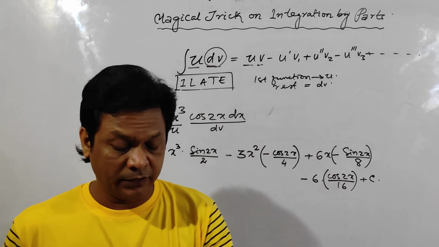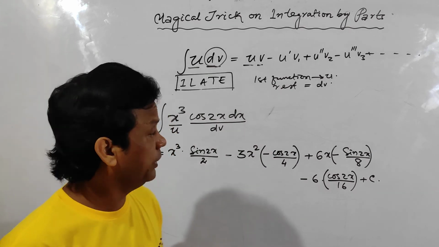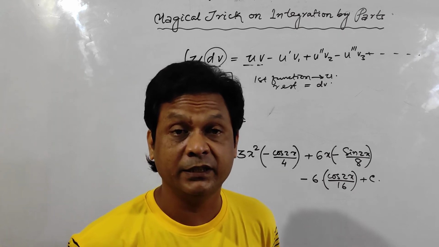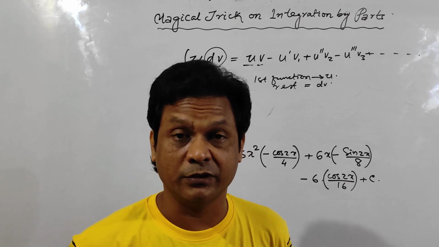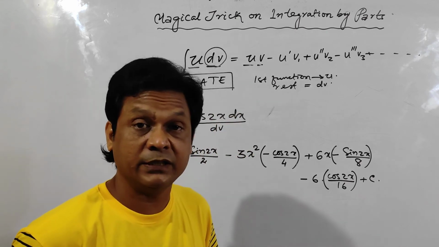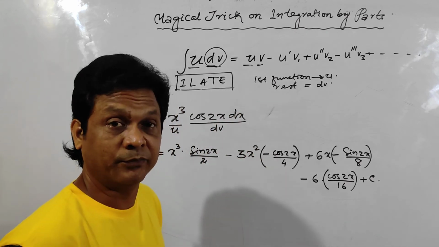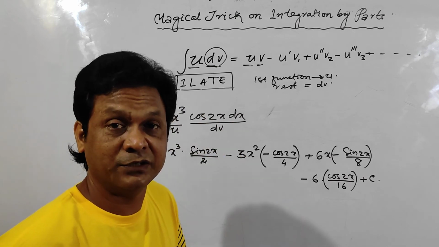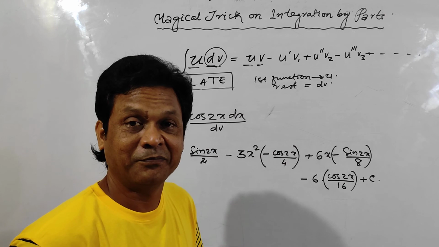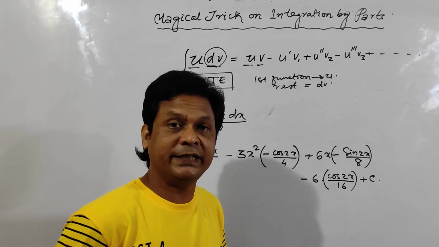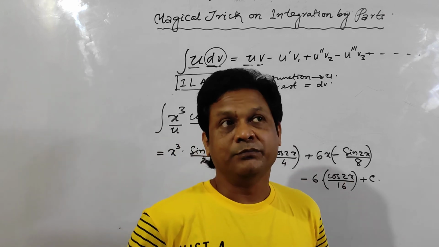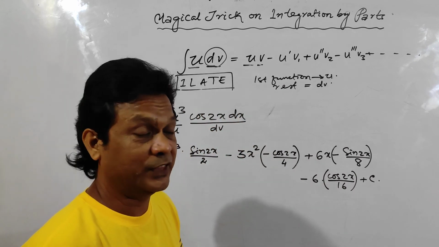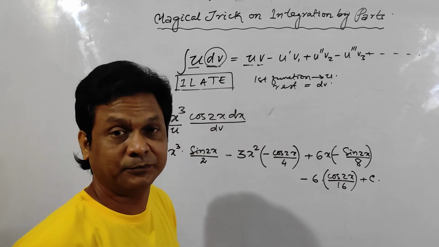And actually, this one is very, very important for those who are reading in +3, that means BSc Physics Honours or Mathematics Honours. In the case of Fourier series, it is very important. If they apply this trick, then Fourier series will become very easy, because in Fourier series, in maximum cases, that means in 95 percent of cases, they have to use this trick.